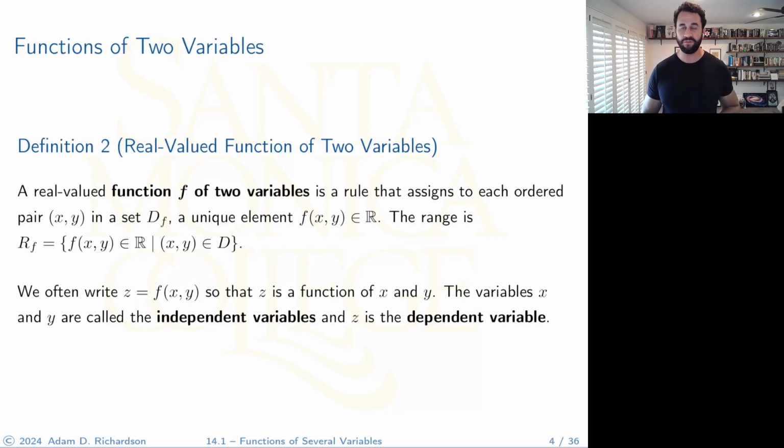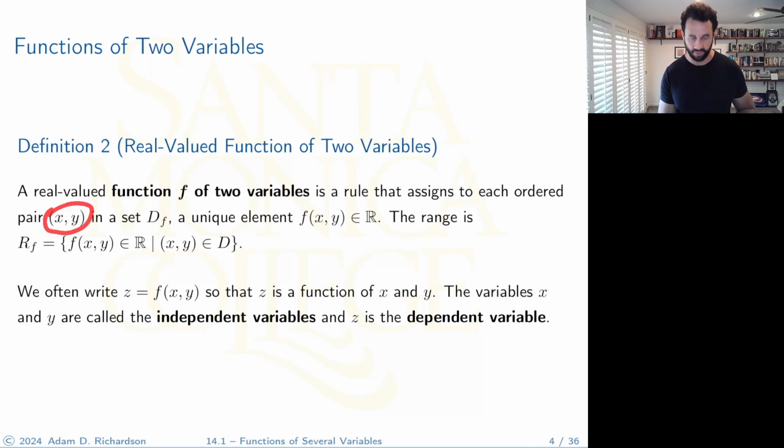Now, what is a real valued function of two variables? The basic idea is still the same. The only difference is now our domain can be a region in the xy plane. So let me go through the definition here. It's still a rule, and it assigns to each element in the domain a unique element in the range, which is in the real numbers. Here's the catch.